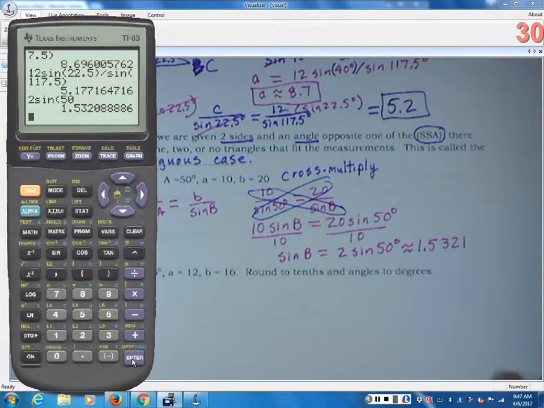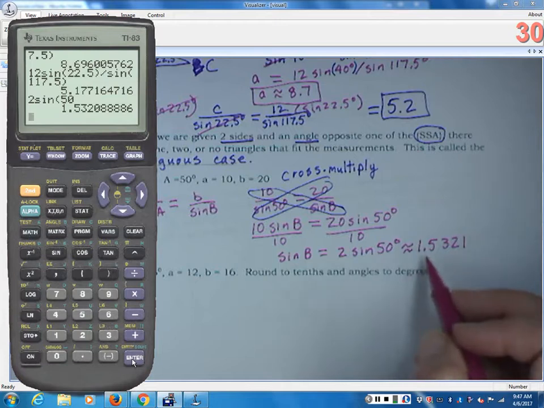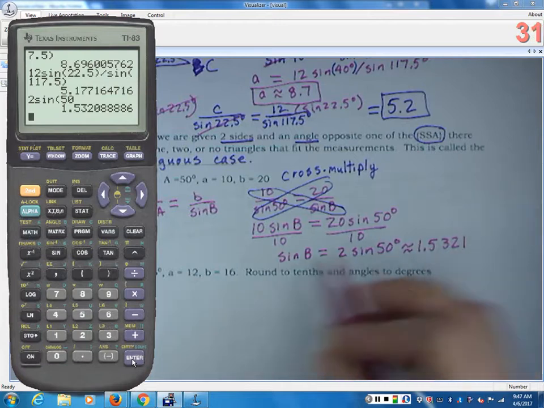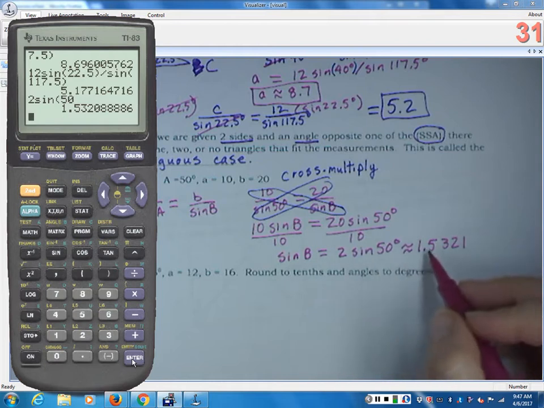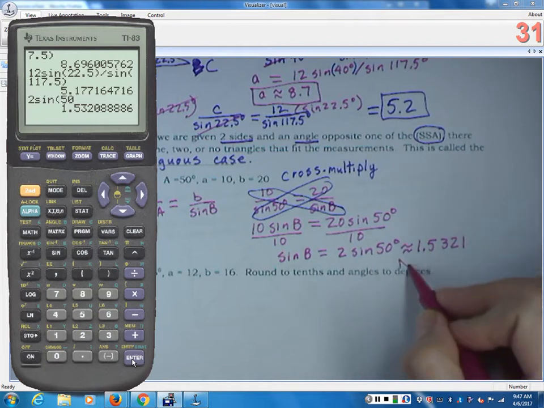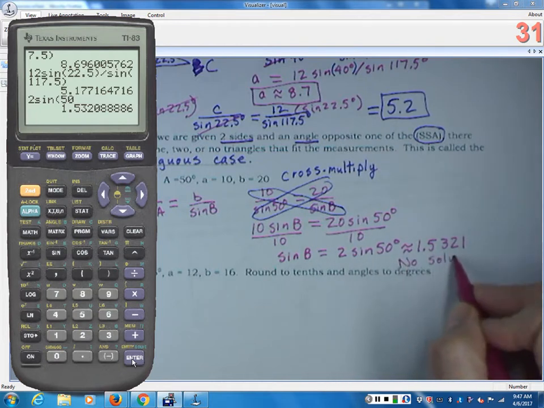Now, here's the question: what does the answer to sine of an angle have to be between? -1 and 1. So you can't have a sine of 1.5, so there's no solution. So there's no triangle.